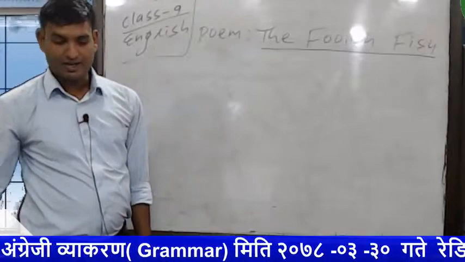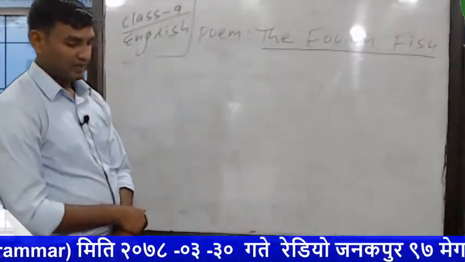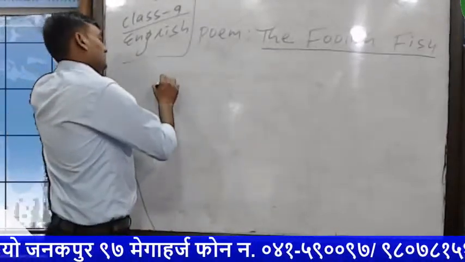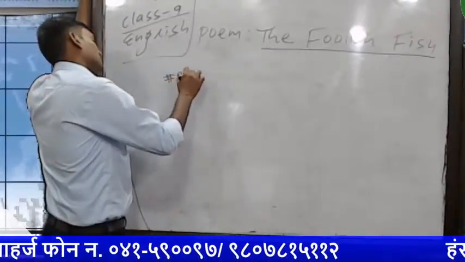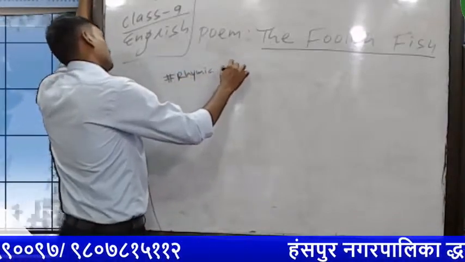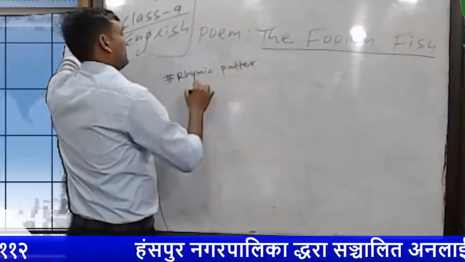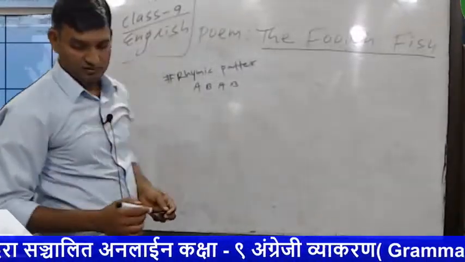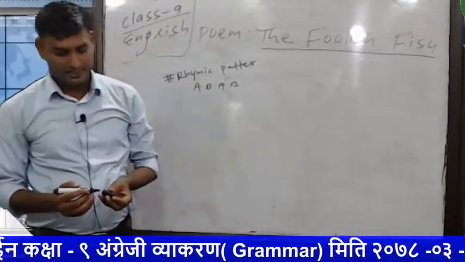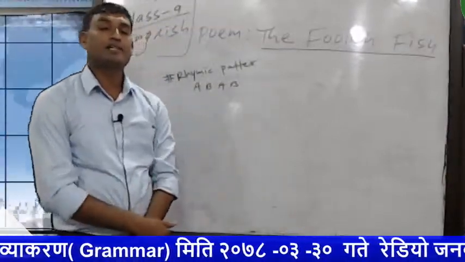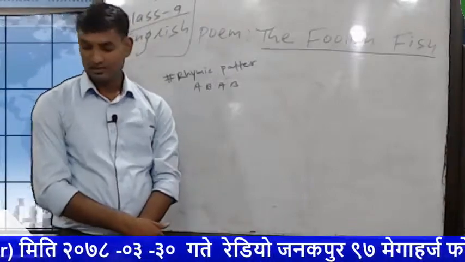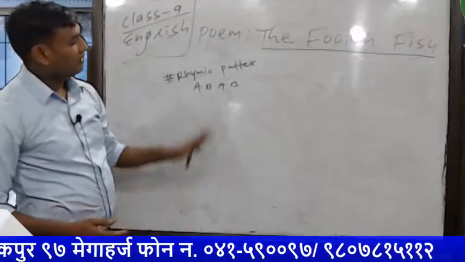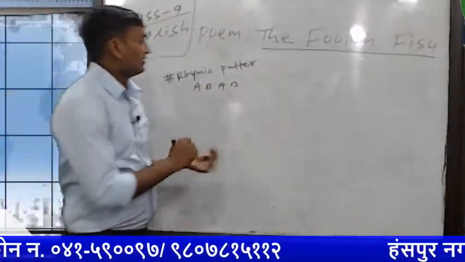There are 5 stanzas, and all stanzas are in a rhyming pattern, an AB pattern. Each stanza has 4 lines, a total of 20 lines.